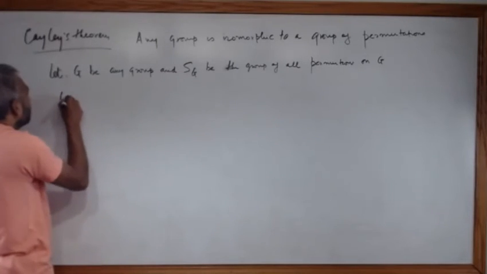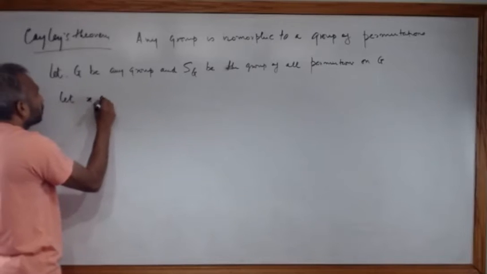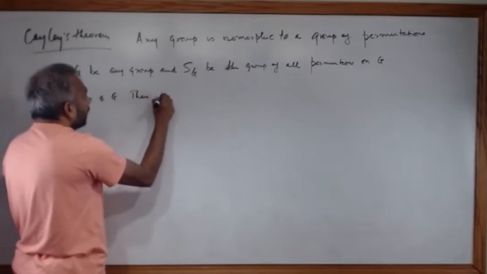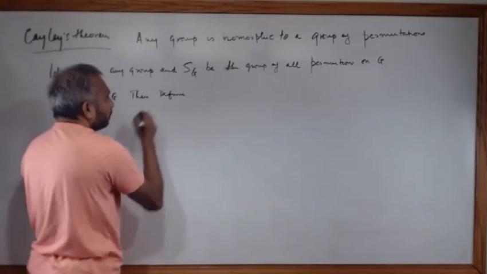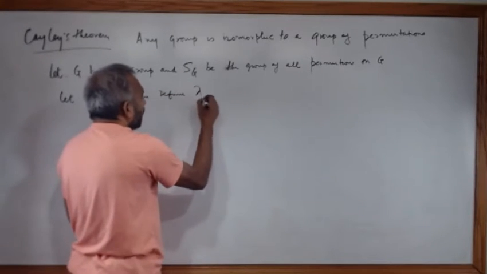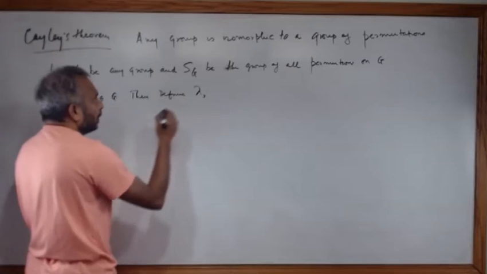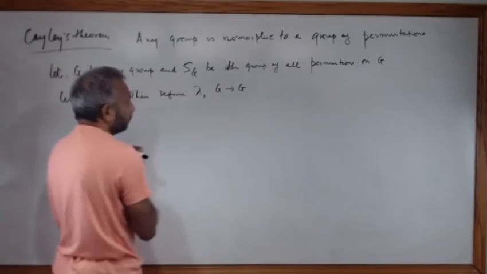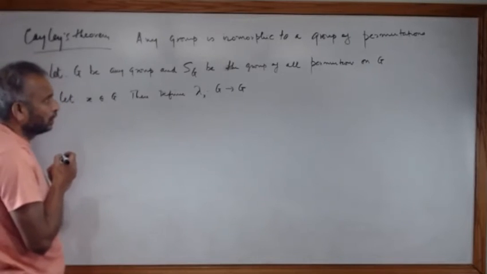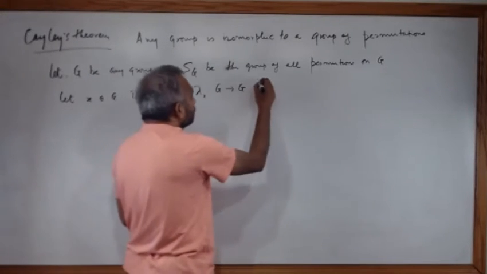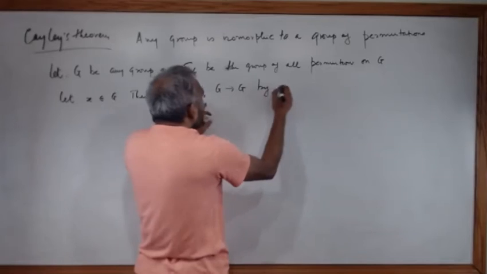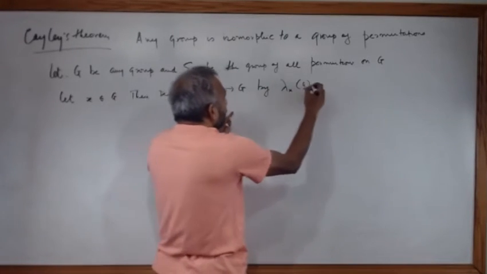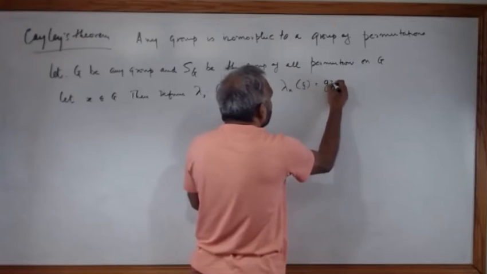Let x belong to G. Then define lambda_x from G to G by lambda_x(g) = gx.